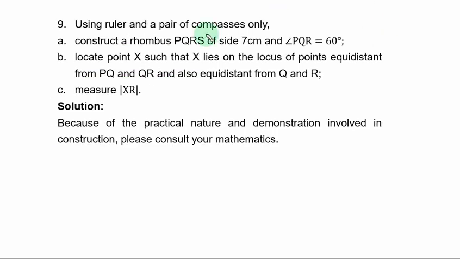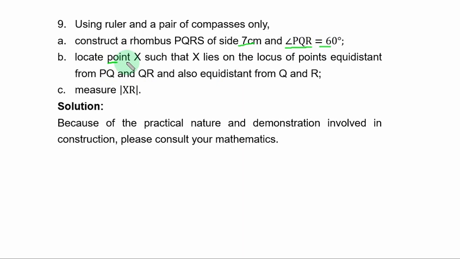Question 9. Using a ruler and a pair of compasses only, construct a rhombus PQRS of side 7 cm and angle PQR equal to 60 degrees.